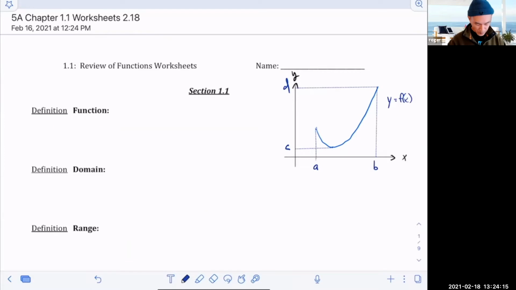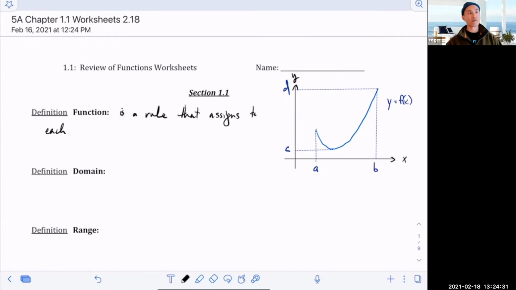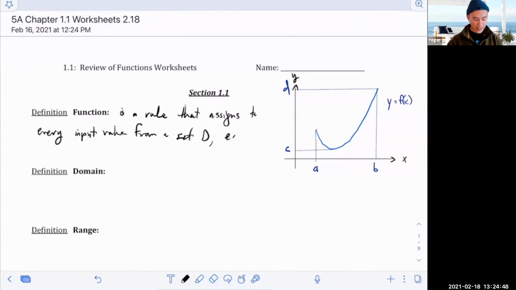And a function is a rule that assigns to every input value from a set D exactly one output value.